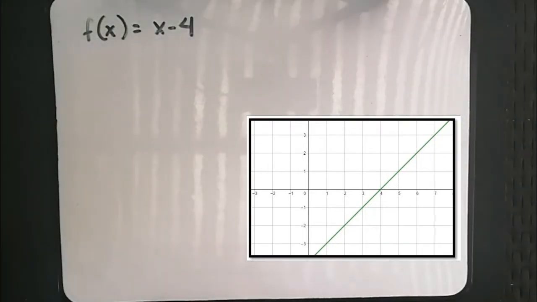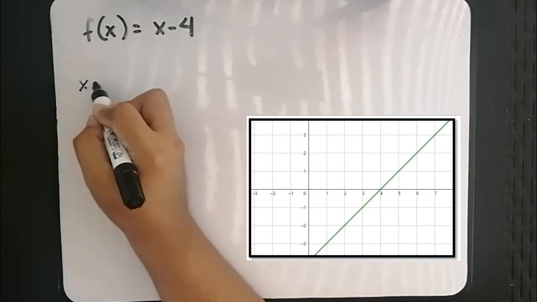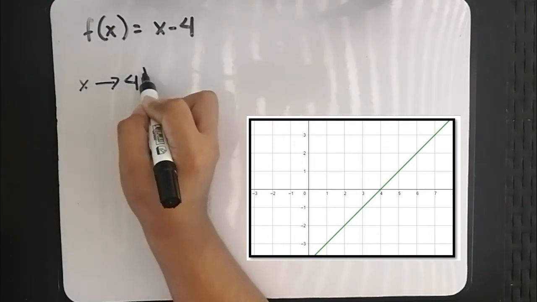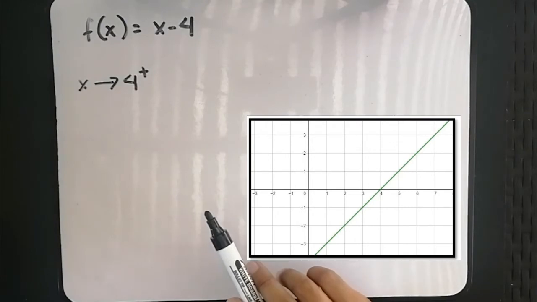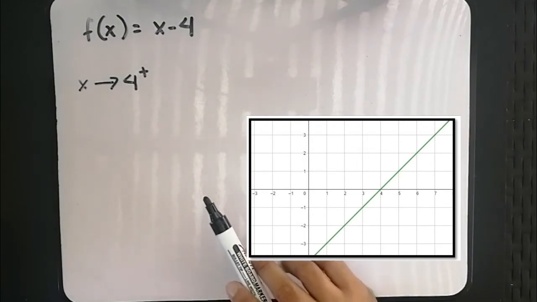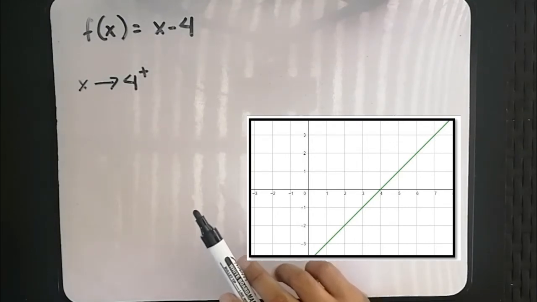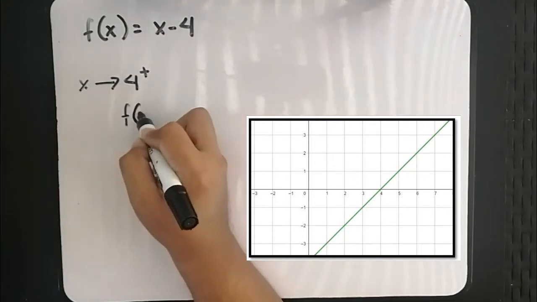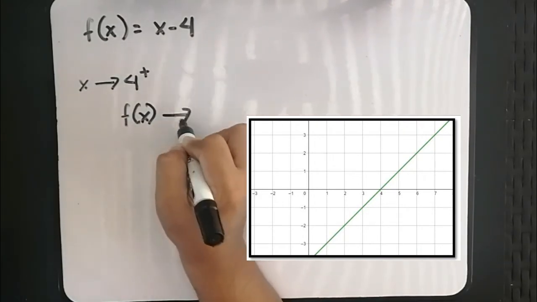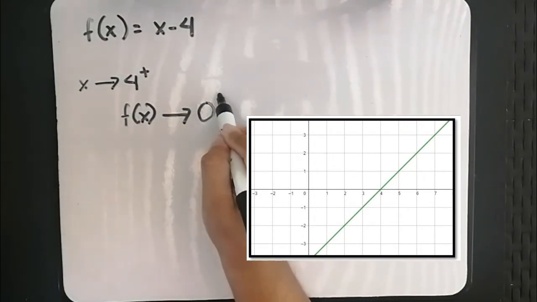Now, let's consider this function, f of x equals x minus 4. Observe that as x approaches 4 from the right, yung f of x natin passes through the positive values as it approaches 0. So we denote that as f of x approaches 0 through positive values.